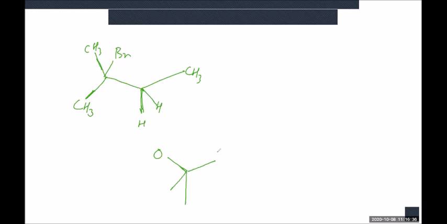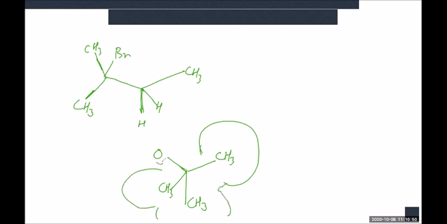When you have a very big, bulky base like tert-butyl, those bases take space. They're not just one dot, they actually take space. This is how the molecule is shaped if you consider the hydrogens. When the base attacks this hydrogen, keep in mind these are methyl groups, and they take space.